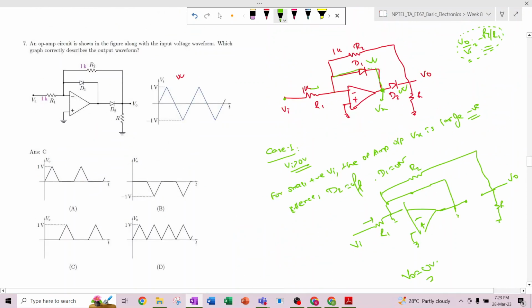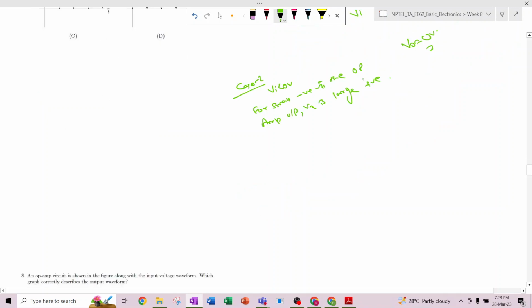Because it is connected to the p terminal, it is connected to the n terminal of D1, right? So D2 conducts and D1 does not conduct.